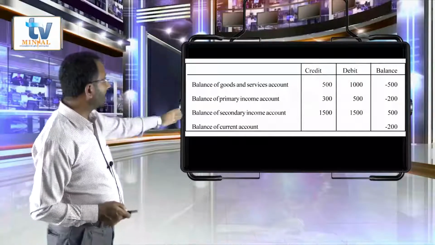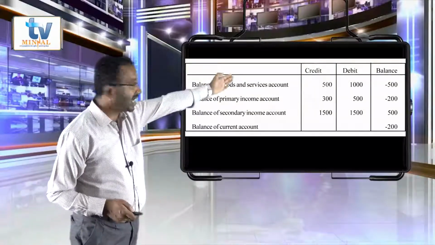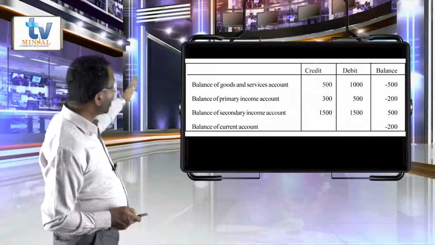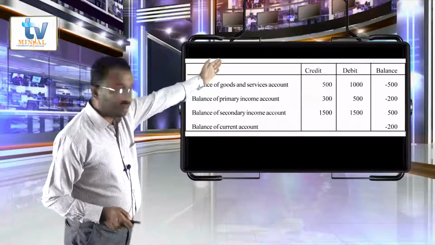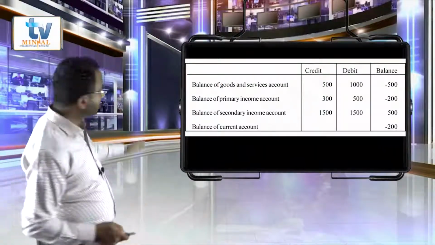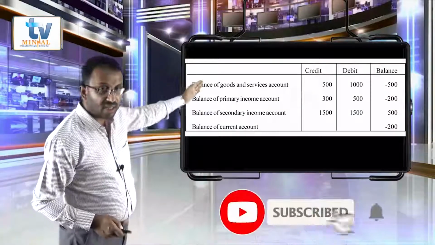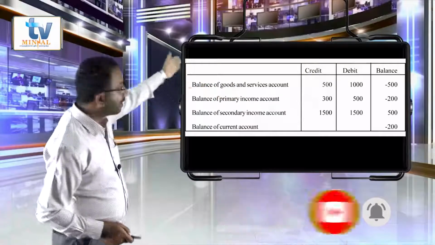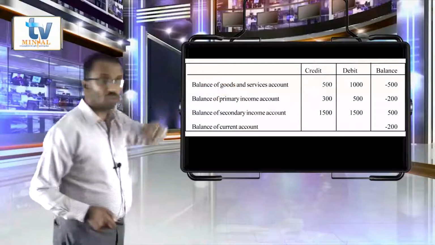See this one, credit here, debit here, and also the balance. So balance of goods and services account, credit 500, debit 1,000, and the balance 1,500. Balance of primary income account, see here, 300 credit, 500 debit, and the balance will be minus 200.